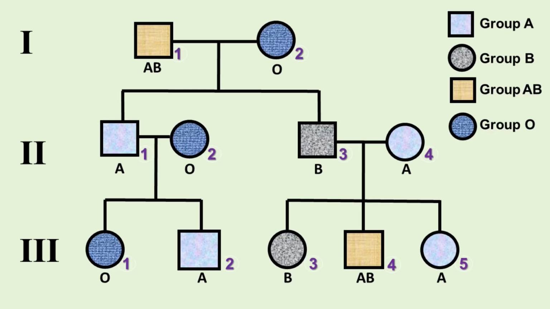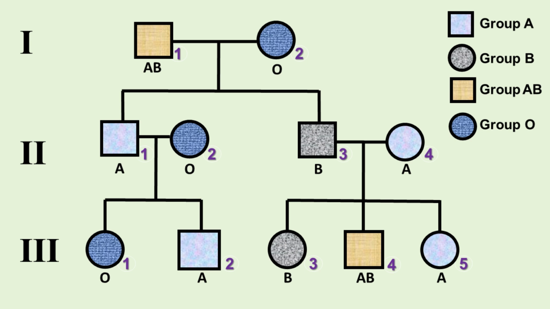So instead of their photo, I inserted the patterns I chose for each blood type group, which are Group A, Group B, Group AB, and Group O. These are the phenotypes, and I gave each a pattern. Here on the top right, I chose 4 patterns and gave the instruction on what pattern I am using for each blood group. To make it easier, I mentioned the blood group of each individual under its symbol so you can get a better view.